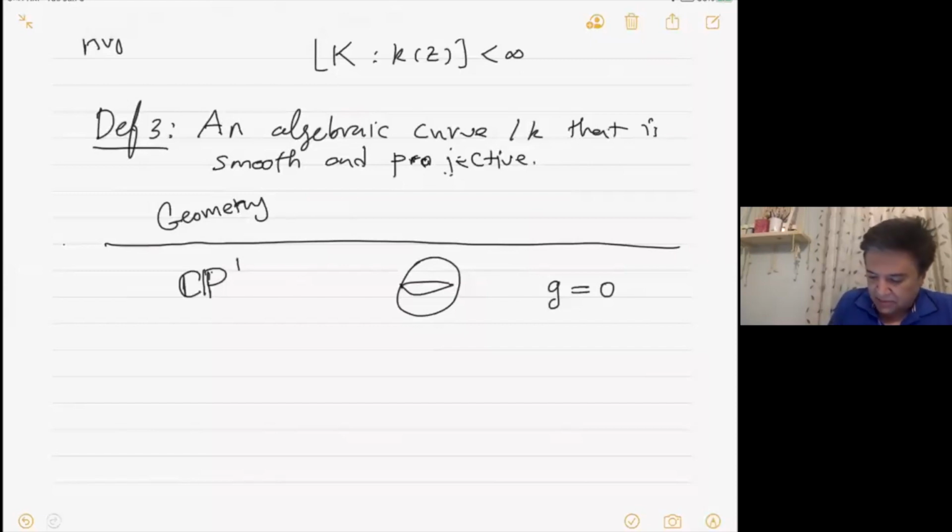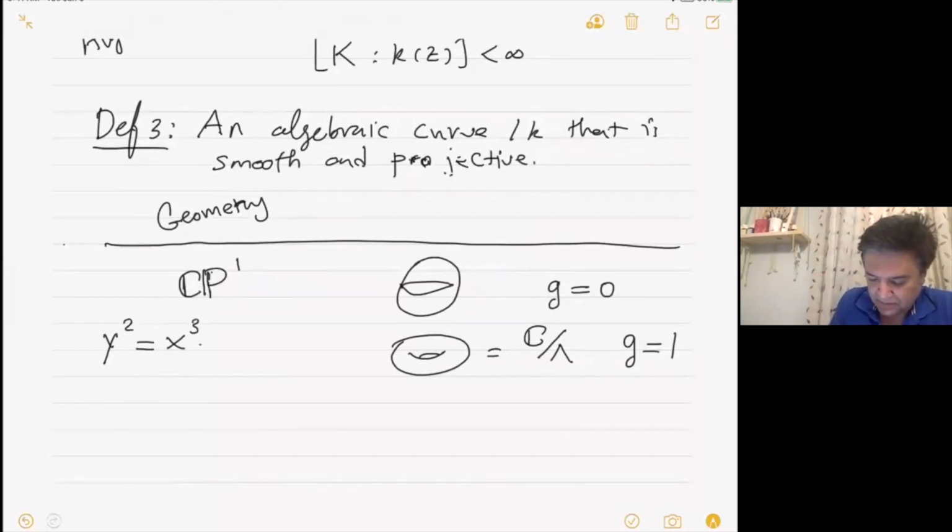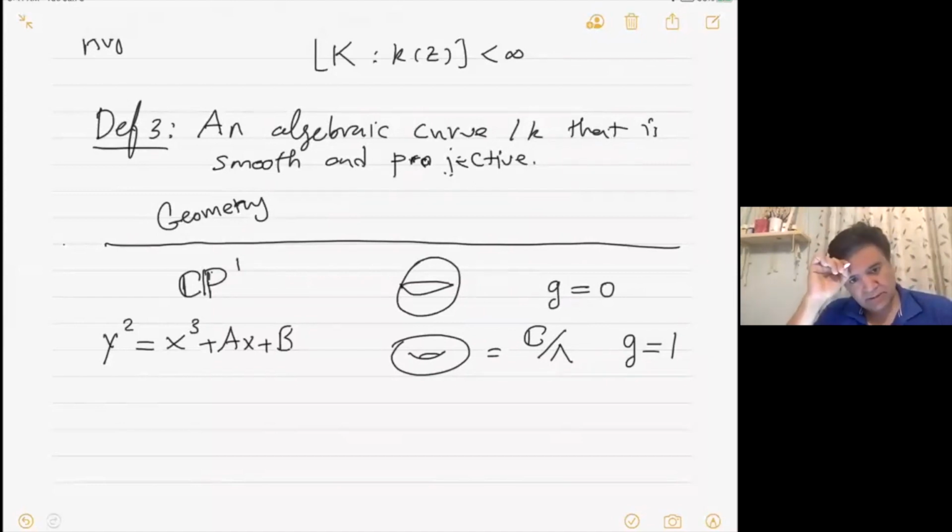The second example is a torus, which can be realized as C divided by a lattice. And this is a Riemann surface of genus 1. If you want a torus in an algebraic way via an equation, you probably have heard of the word elliptic curves, which are given by cubic equations, things like these. This is the equation of the elliptic curve in the affine coordinate system.